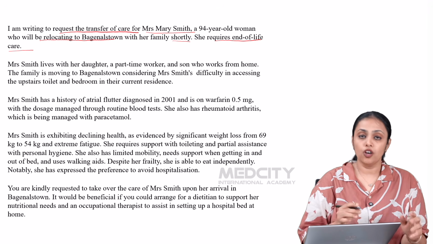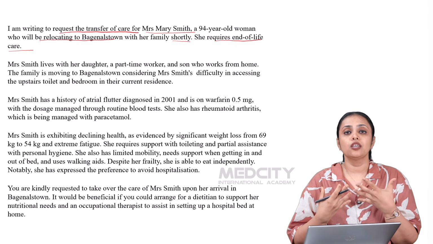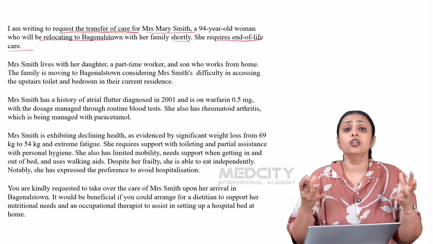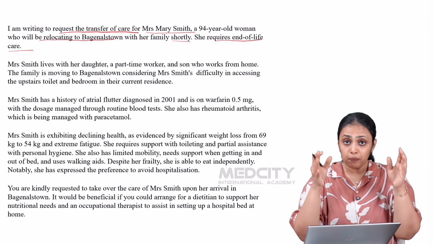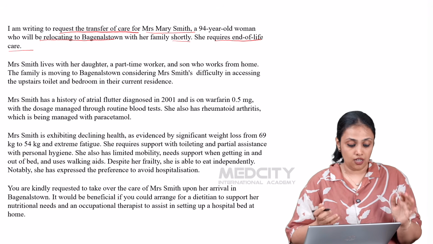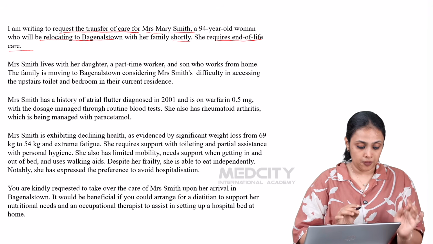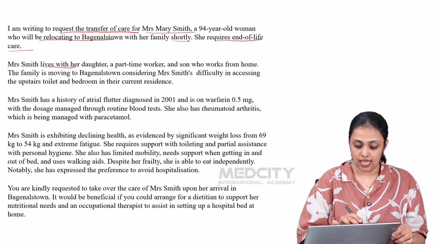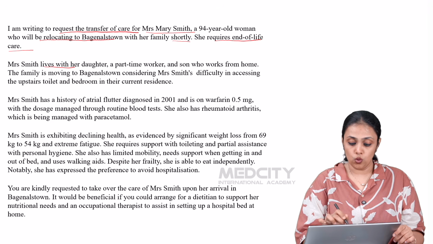Then you have started off with narrating the story of the patient, starting from the background, because there's no urgency. You have to give the complete picture of the patient to the reader. So you start off with the background. Mrs. Smith lives with her daughter, a part-time worker, and son, who works from home.